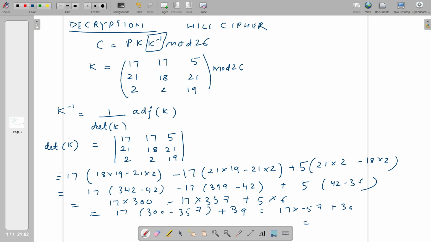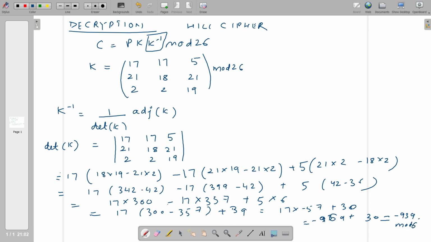So it is going to be minus 939. Sorry, minus 969 plus 30. So it comes out to be minus 939, and it is a mod 26 operation.